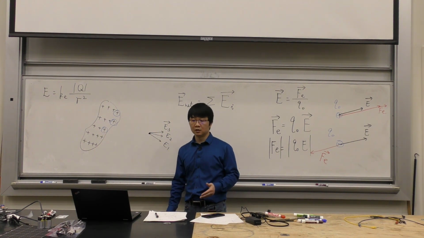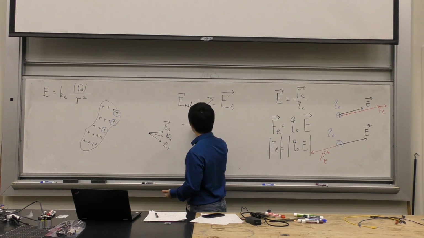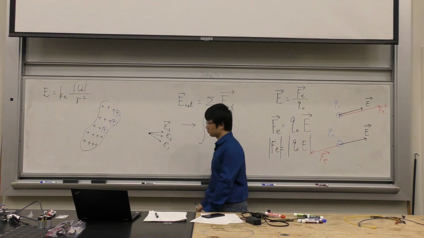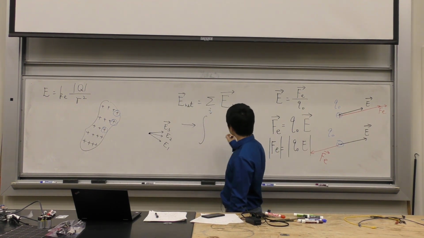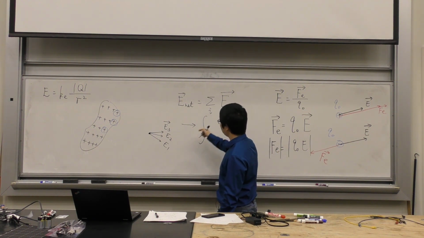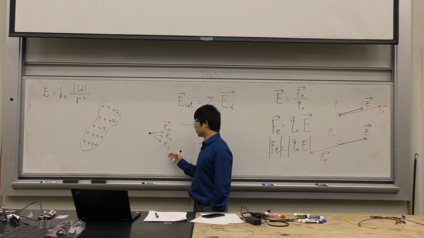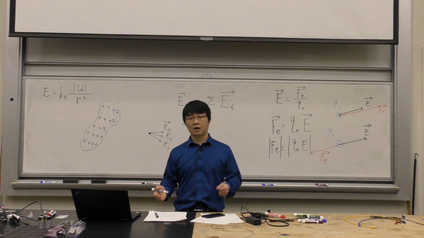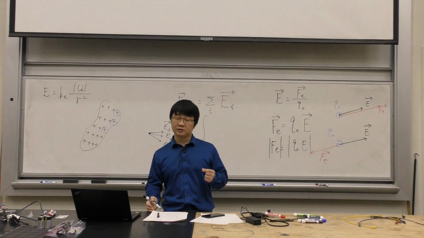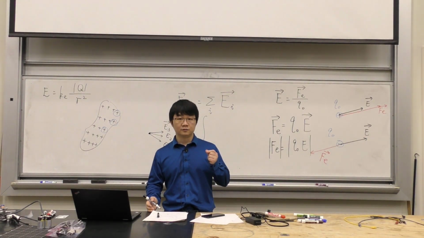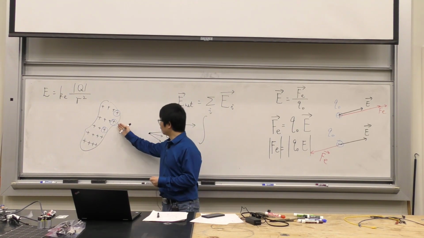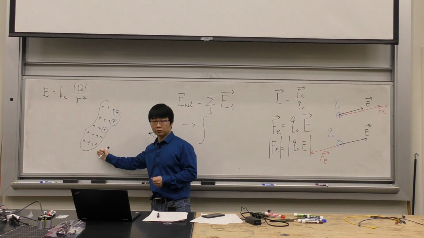How do you add them? Well, you can still add them, but it just becomes an integral. That's the notation for an integral. So I'm going to still add all these E's, but now each electric field, a vector, comes from an infinitesimal charge I pick on this continuous charge distribution.